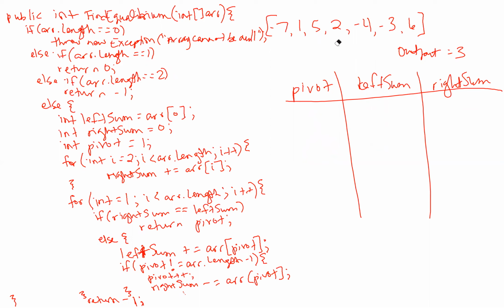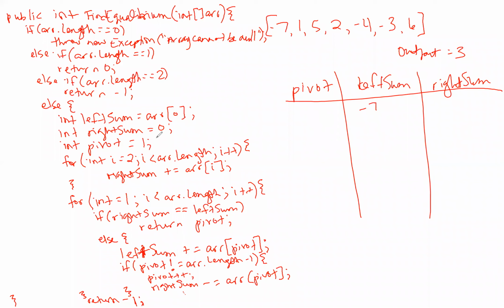All right, so first we go in and we're passed in this array. If array.length equals 0, which it doesn't, if array.length equals 1, which it doesn't, if the length is 2, it's not, then we go into our else. So left sum is going to start at array at 0, which is -7.